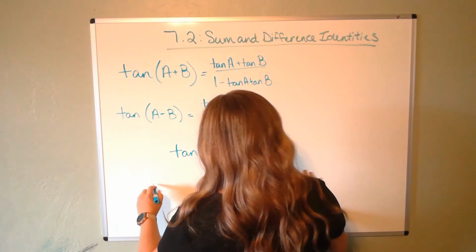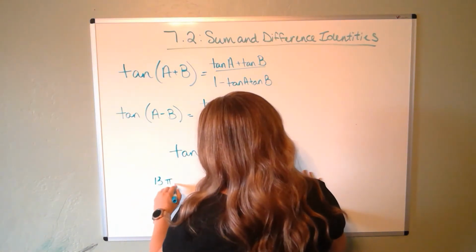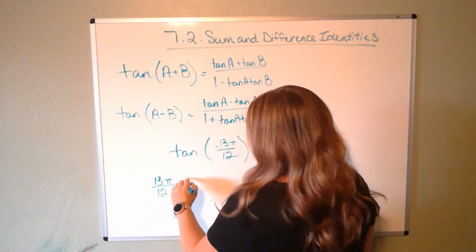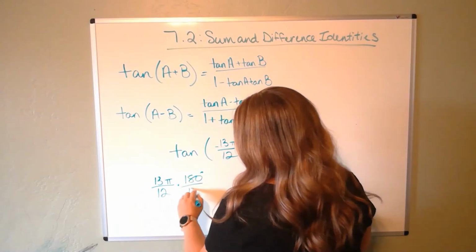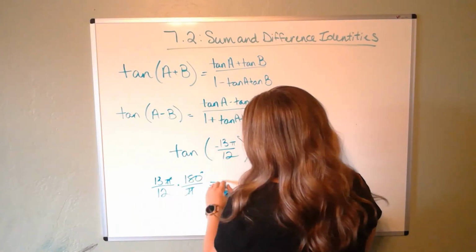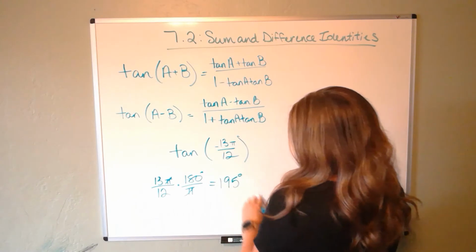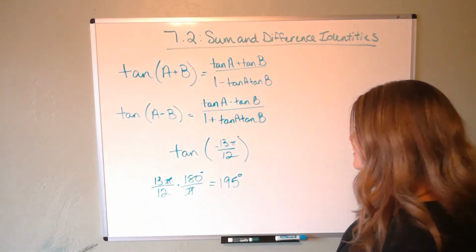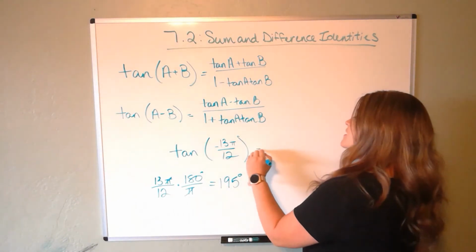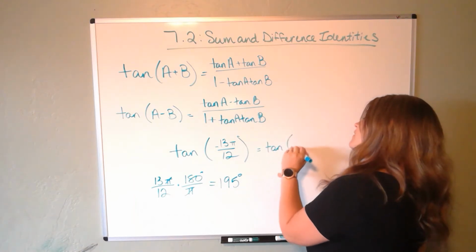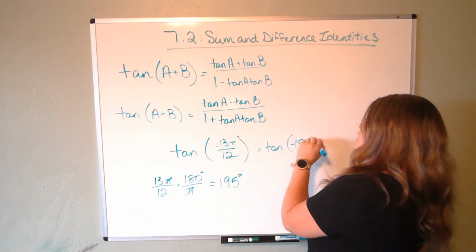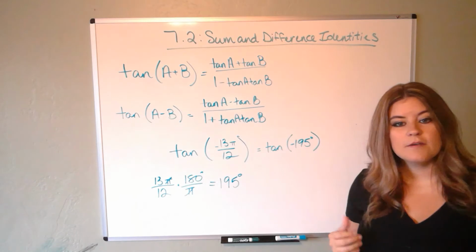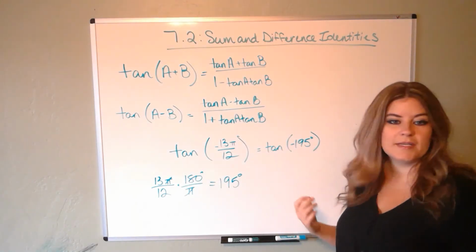So you guys, I'm going to take 13 pi over 12, multiply it by 180 over pi, do some canceling here, and I get 195. So you guys, I could rewrite this as the tangent of negative 195. All right, so it's still a little bit more complicated than the ones we've done.